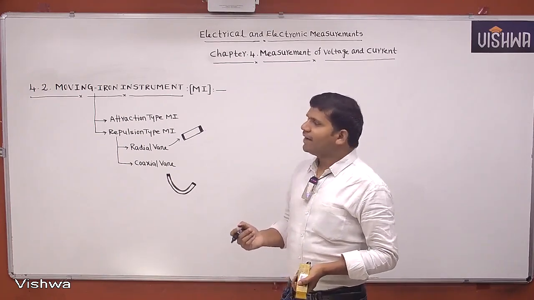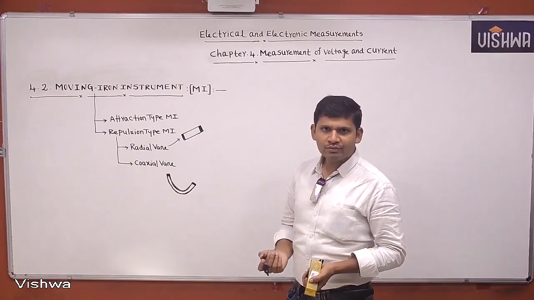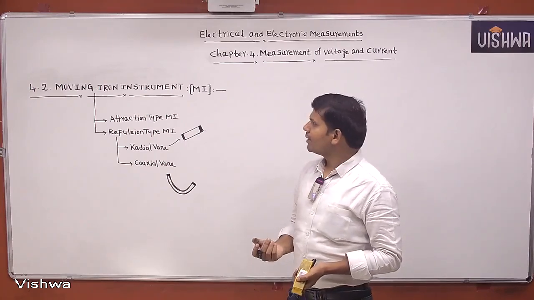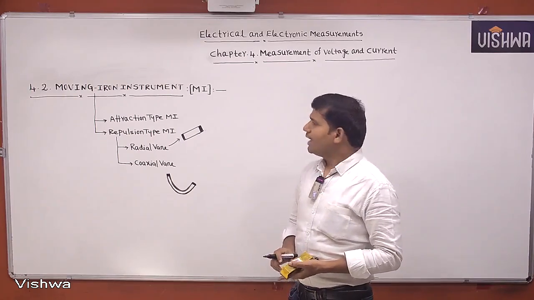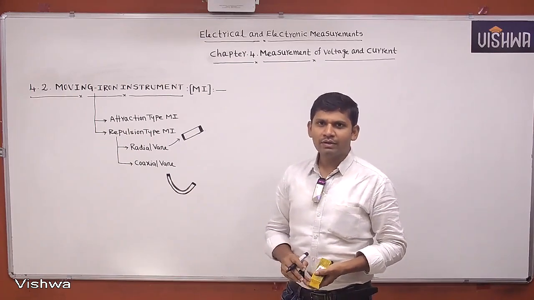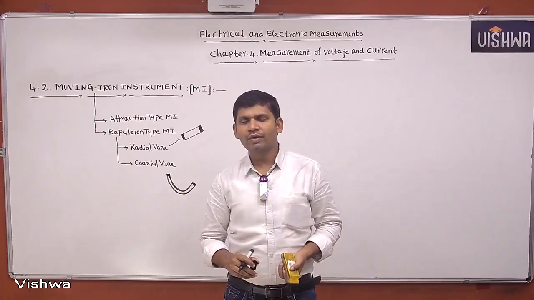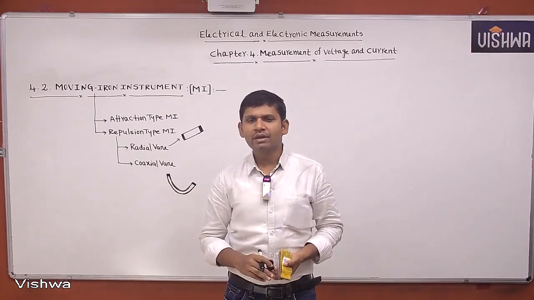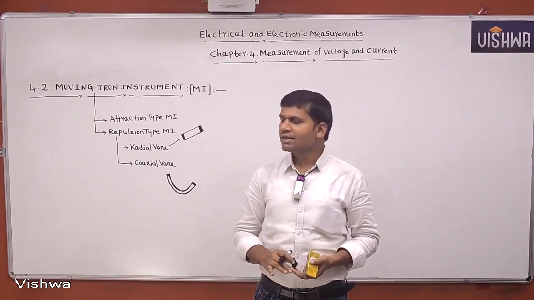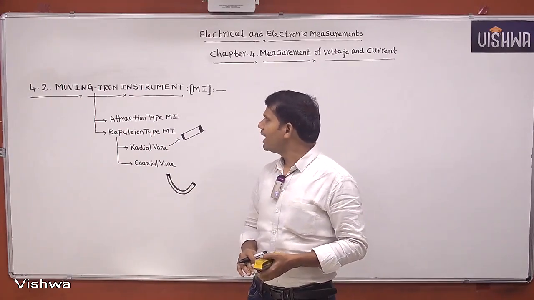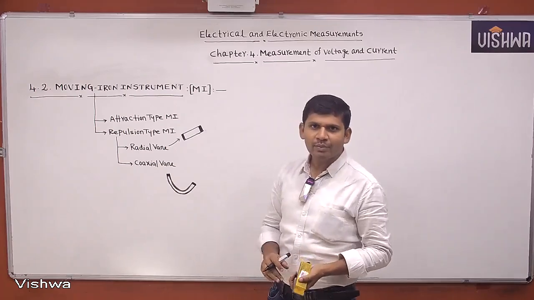Then I will derive the torque equation of the MI instrument, and the observations from the torque equation are also important. Then I will explain how to convert MI into an ammeter and a voltmeter. After that we will solve the classroom workbook questions.